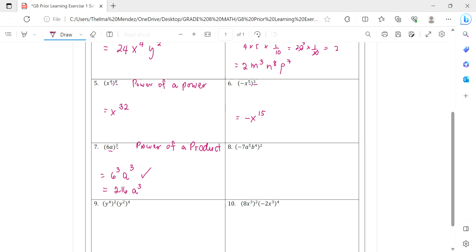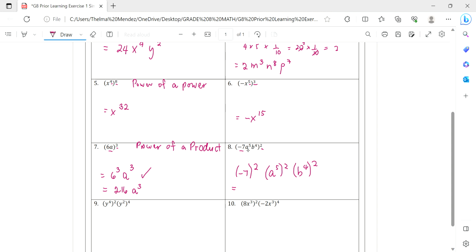Okay, number 8 is also an example of power of a product. So we have negative 7 here. We have to raise it to 2. And then we also have to raise all the literal coefficients: a raised to 5 to 2, and also b raised to 4 to 2.